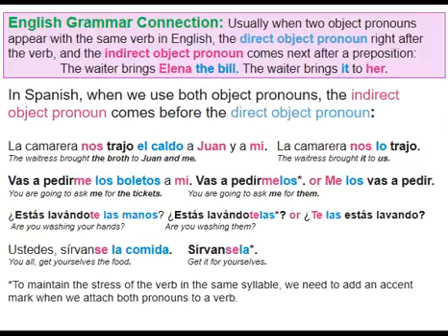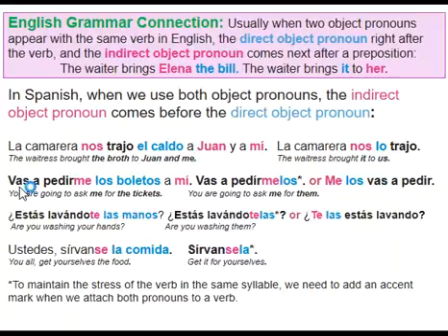What happens if we substitute el caldo for the direct object pronoun lo? La camarera nos lo trajo. Indirect object first, direct object pronoun after the indirect object pronoun. See?